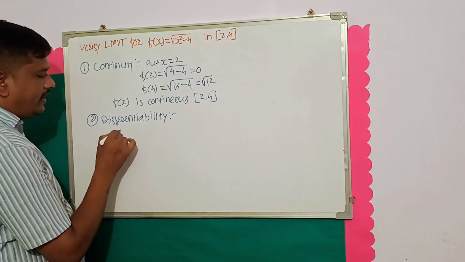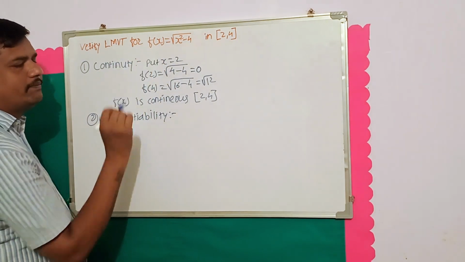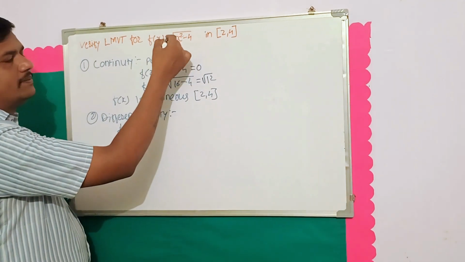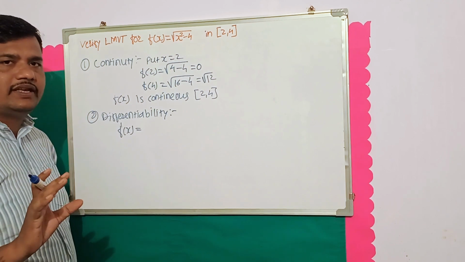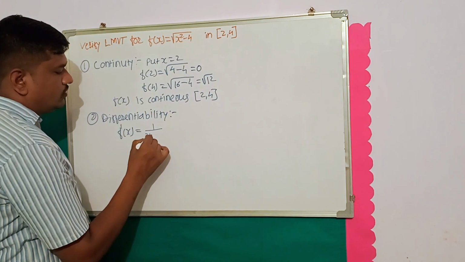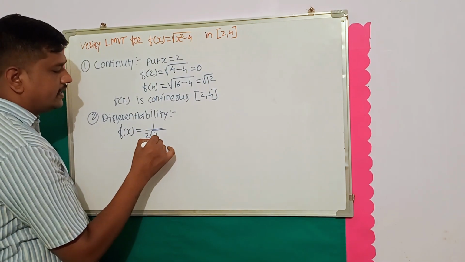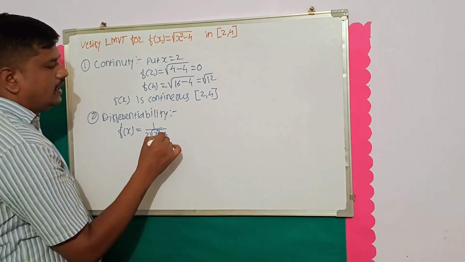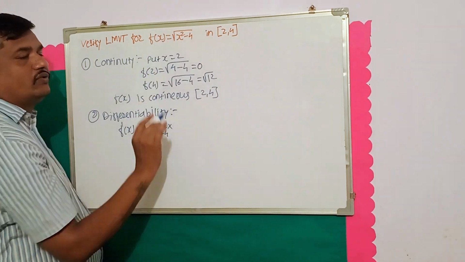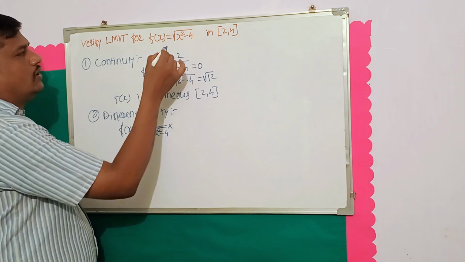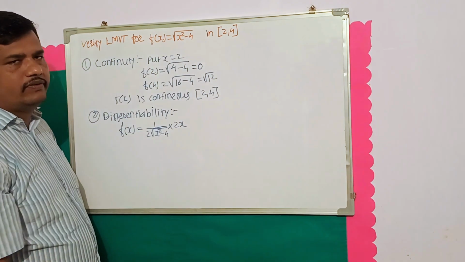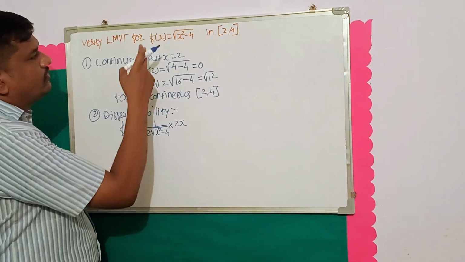You know that the square root of something, whatever the function is, can be differentiated as 1 upon 2 times root of the same function, that is x square minus 4, and then we multiply by the derivative of whatever the term inside the square root. This is called chain rule. So here the derivative of x square will be 2x, and derivative of 4 will be 0. So this will be the complete derivative of f of x.